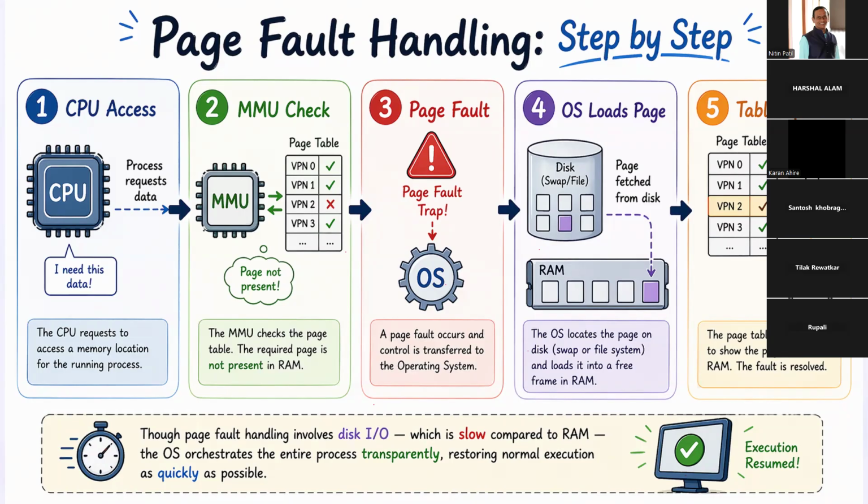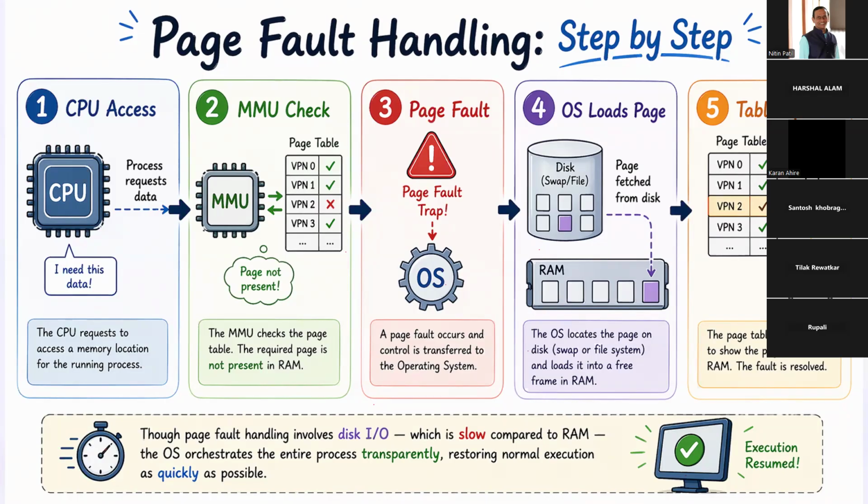And step 5, the page table is updated. Once the page is in memory, the page table is updated. The correct mapping is now available and execution resumes. The instruction is restarted. The MMU now successfully translates the address and execution continues smoothly.